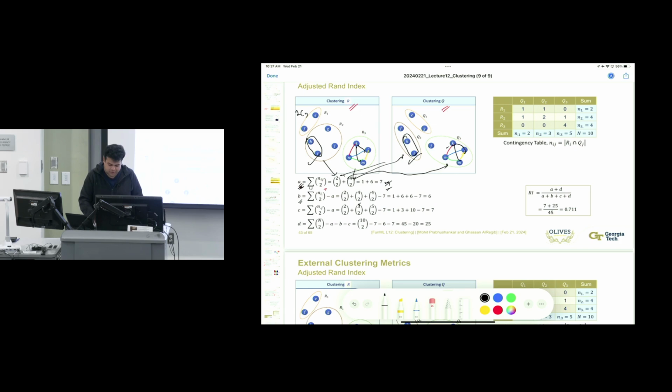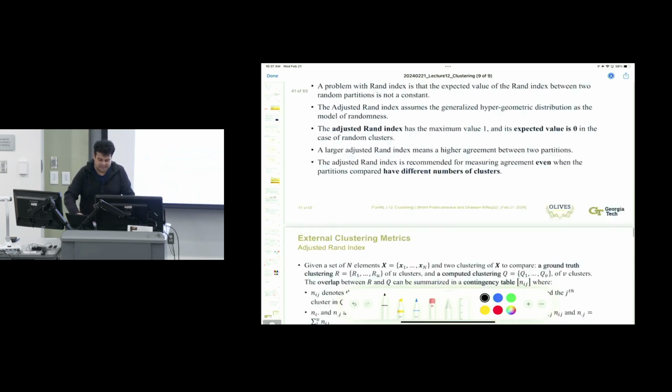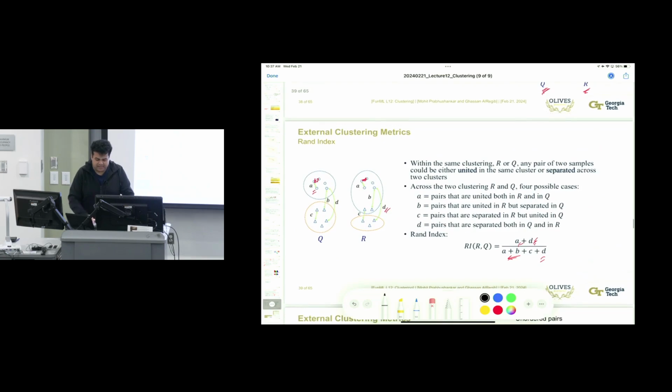There is 2C2 here, there is 4C2, and there is another 4C2, which is essentially what you have. All the pairs that can exist within R are given by this box, and you just subtract the ones that you already have, which is A, and A is given by pairs that are united both in R and Q, right?